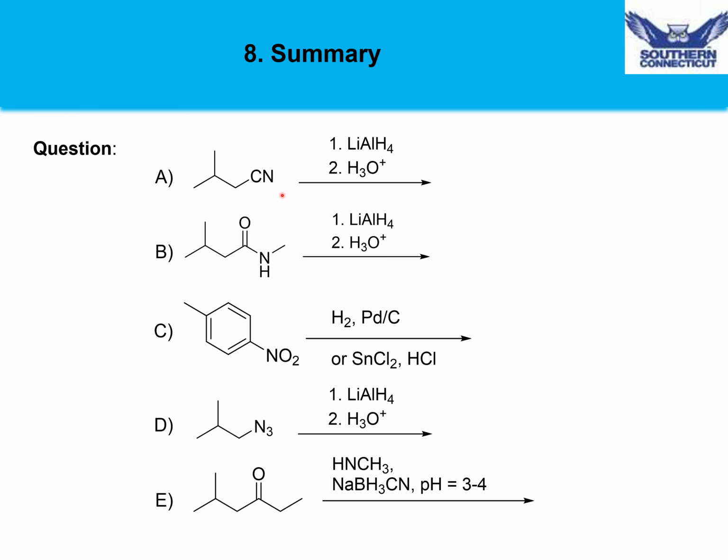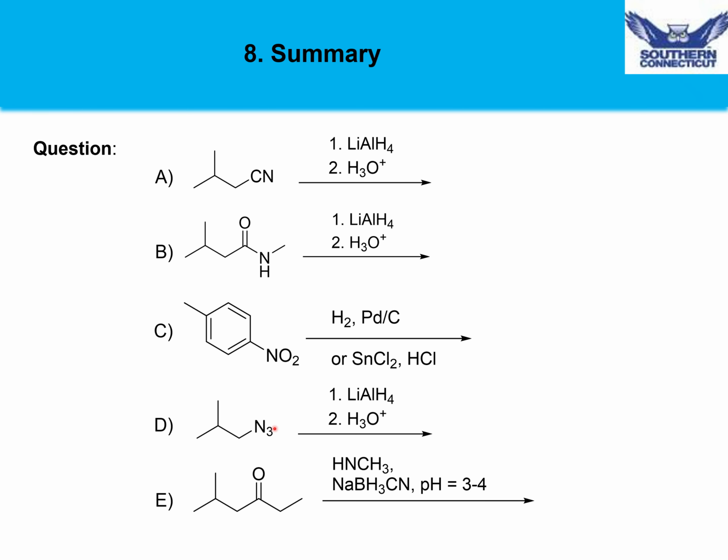Let's go over a few examples of the reactions we covered in this chapter to review these reactions. We'll start off with a reaction involving a nitrile and reacting it with lithium aluminum hydride. In the second reaction, an amide is also reacted with lithium aluminum hydride. In the third reaction, we're going to reduce a nitro group in this substituted aromatic compound with hydrogen gas, palladium on carbon, or tin chloride and an acid.